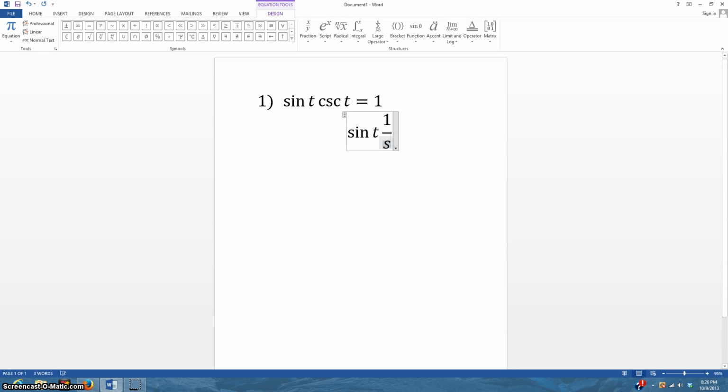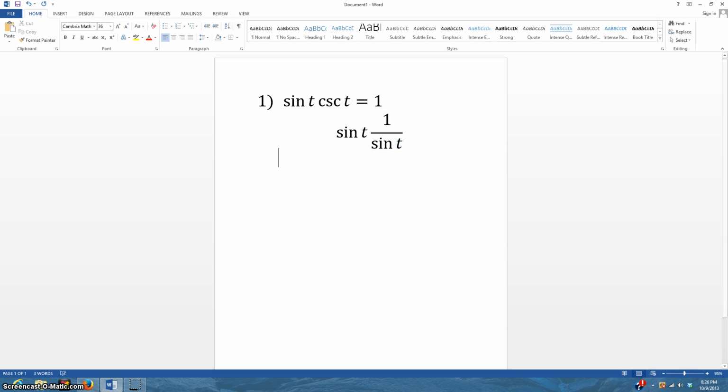So I have 1 over sine of t. Perfect. Alright, in this case, what happens to my sine of t's? This sine of t right here will cancel with this sine of t, only leaving me with what? 1, correct.